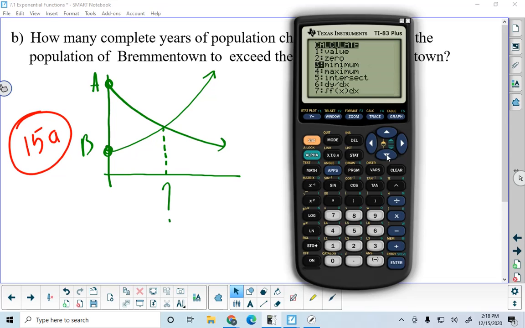Where do they intersect? They intersect at 14.65 something. Since the question said how many complete years, it has to be a whole number. And by the way, if that intersection point was 14.0001, we would still say the answer is 15. We have to round up in a case like this.